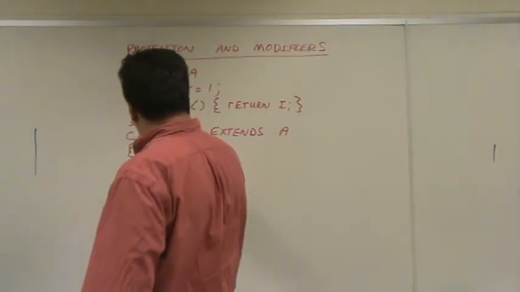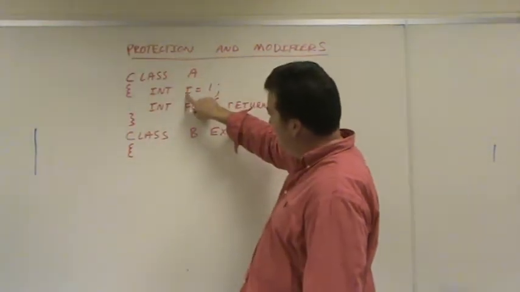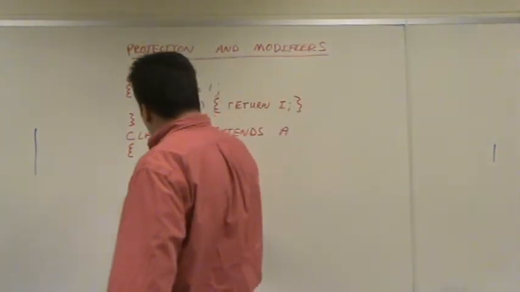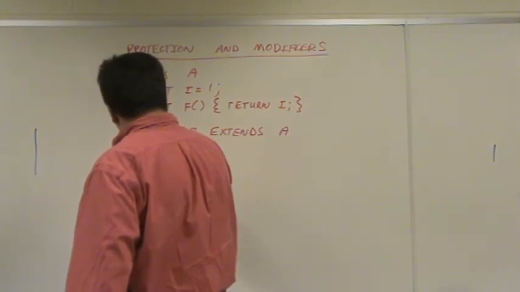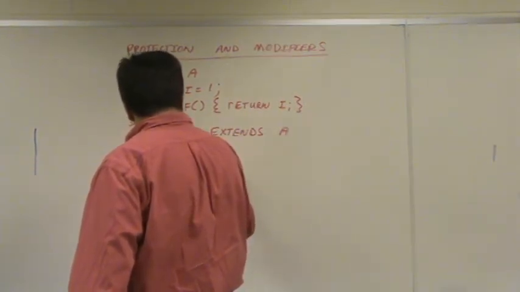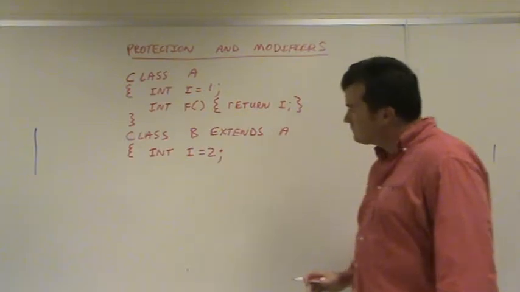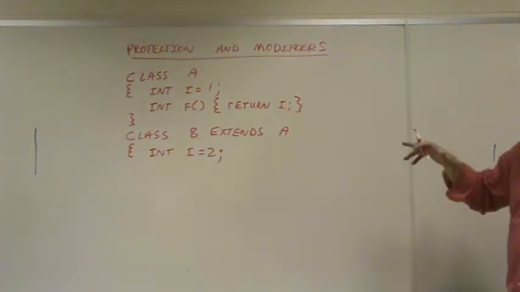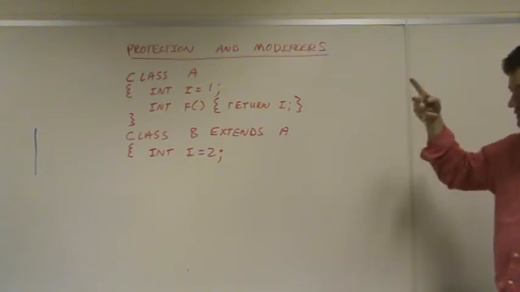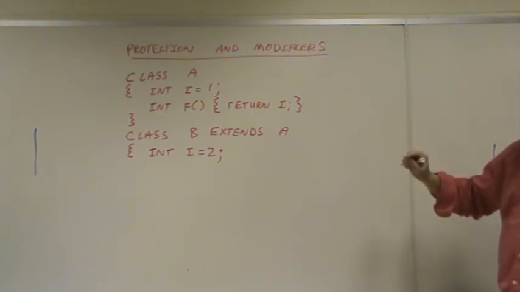We say, well, B not only gets a variable called I, an integer, we're going to have a variable called I anyway, and that's equal to 2. Would you want there to be a compiler error at this point, now that this one class has two variables with the same exact name?